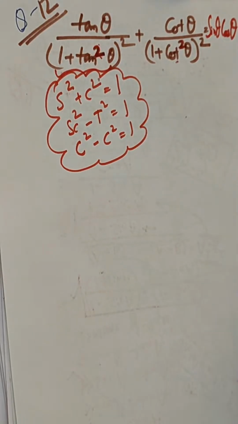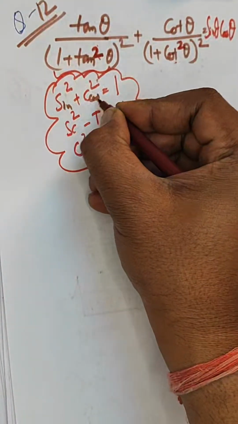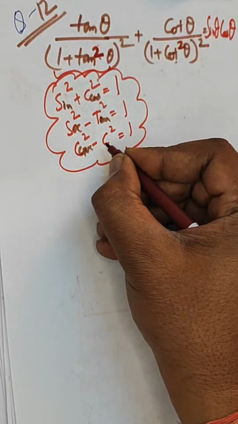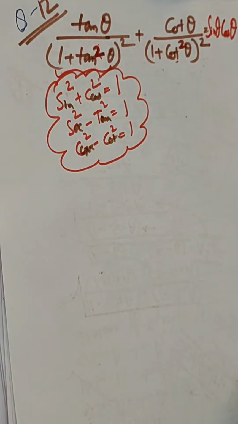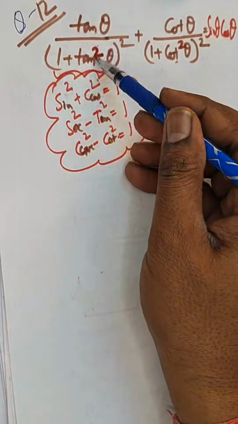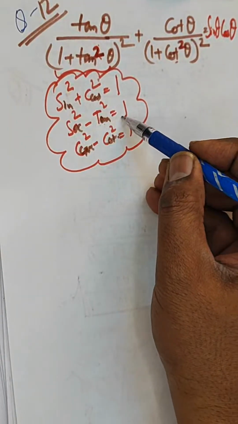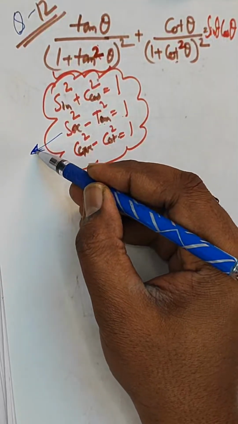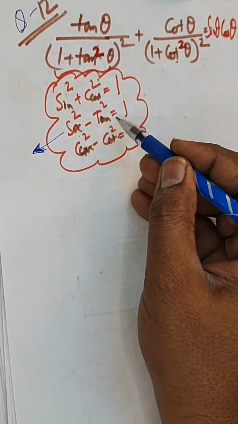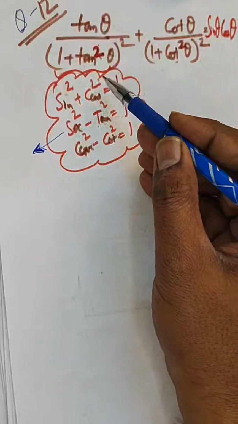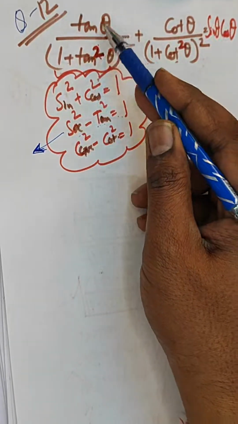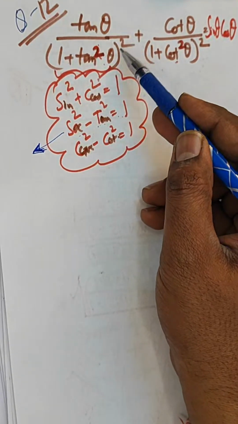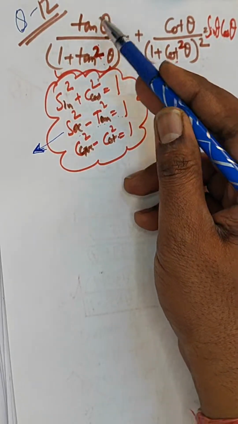So let me write it: sine and cos, this is sec and tan, this is cosec and this is cot. Now here, 1 plus tan square theta, you can use this relation. Yes, this will give you sec square theta, isn't it? So if 1 plus tan square theta is sec square theta, you can just replace it over here, and since it is squared, it will be sec to the power 4, right?